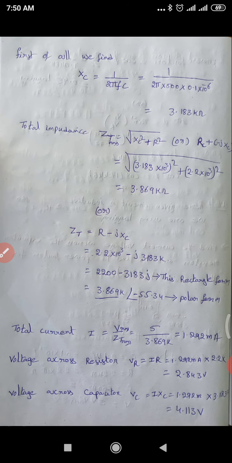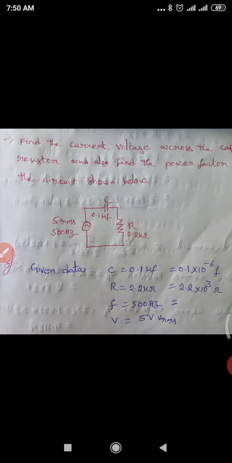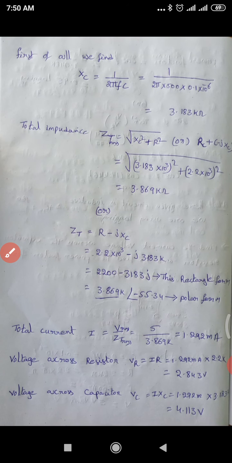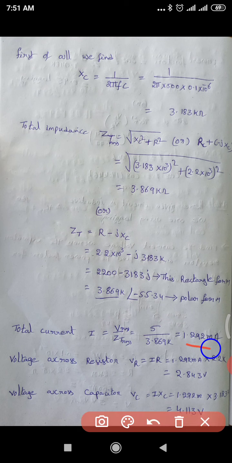Now we have to find the voltage across the capacitor and the voltage across the resistor. The capacitor and resistor are connected in series, which means the same current I flows in the entire circuit. So we do not need to find the current separately in the resistor or capacitor. The current I in this circuit is 1.292 milliampere, and the same current flows in the capacitor and resistor.